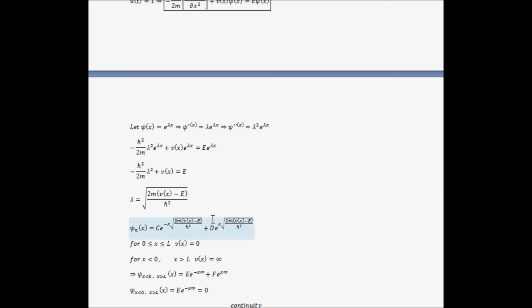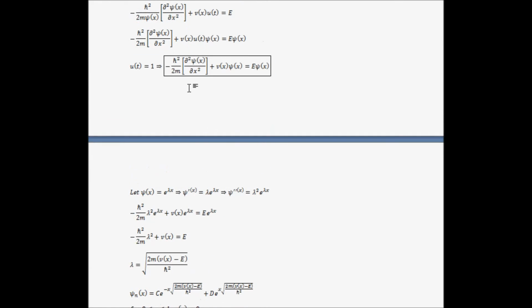A second order differential equation is linear. It's a linear equation, so we can have a linear combination of solutions. The reason for this is that when you substitute any one solution in, you're going to get 0. You've got an equation that's in terms of a second derivative and a single psi in terms of x, and that is equal to 0 when you take this onto the other side.